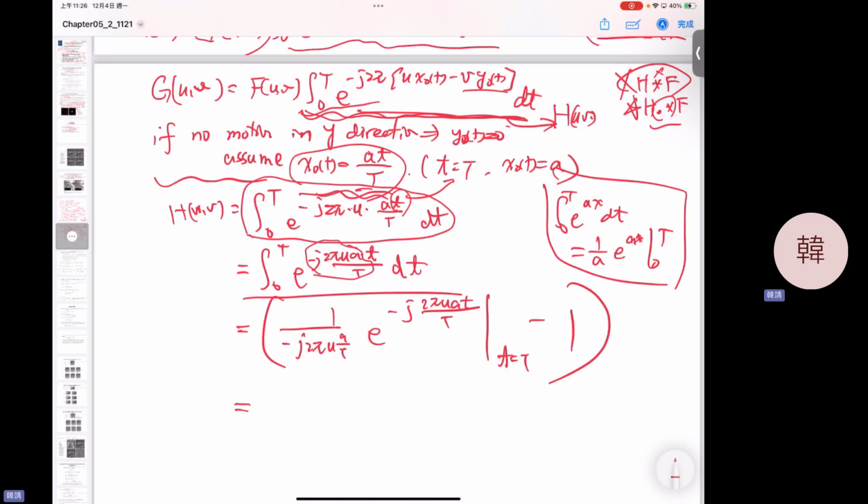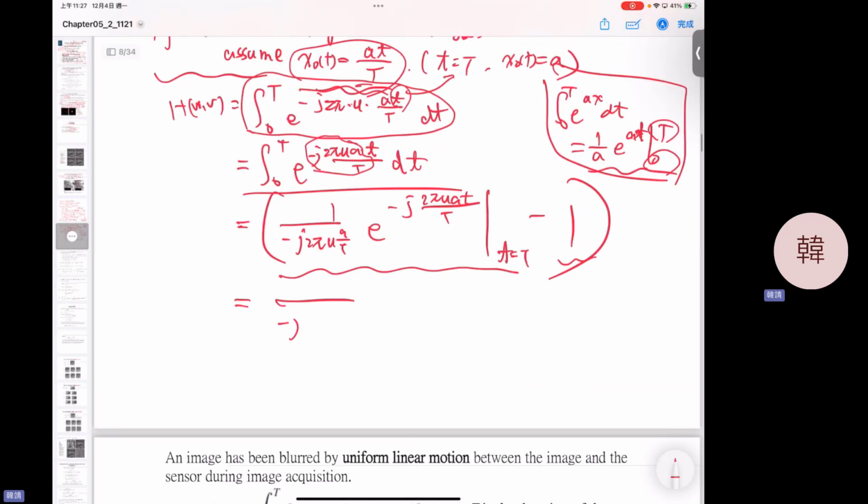So let's put it in. The small t is replaced by capital T, and minus the t replaced by 0, and you get this result. So what's the result? Let me copy it down again. Maybe you can do it yourself, an easier way. It's minus j 2 pi u a, replacing this small t by capital T here. So T cancels out. So it's 2 pi u a, capital T cancels out, and then minus 1.